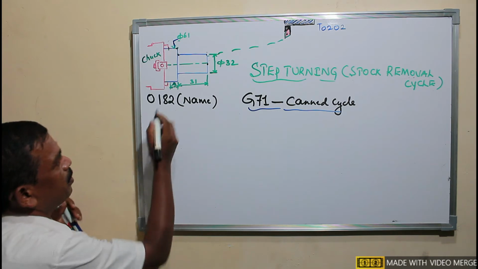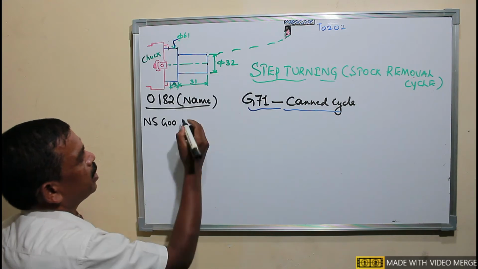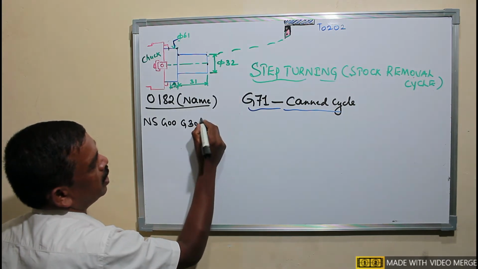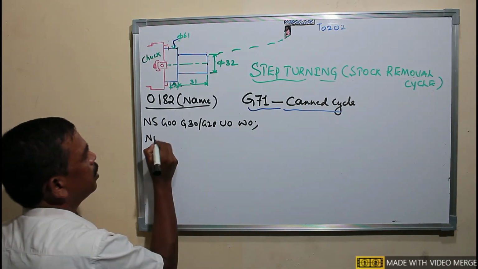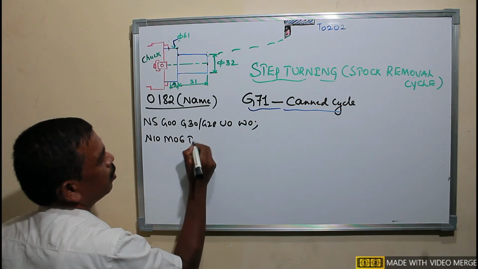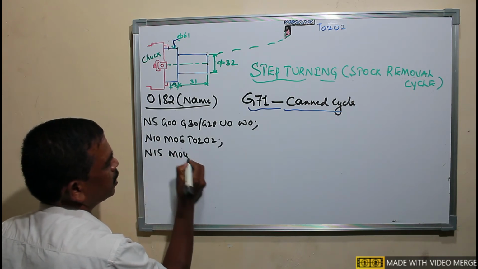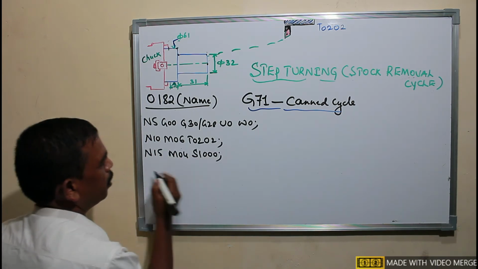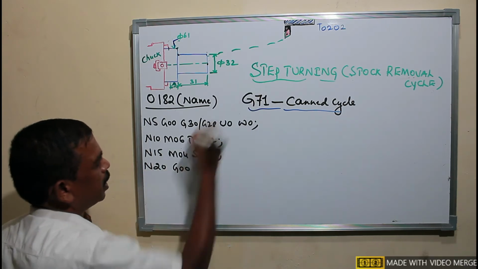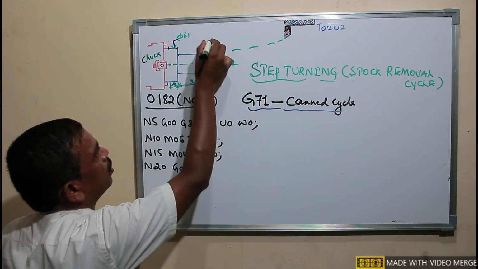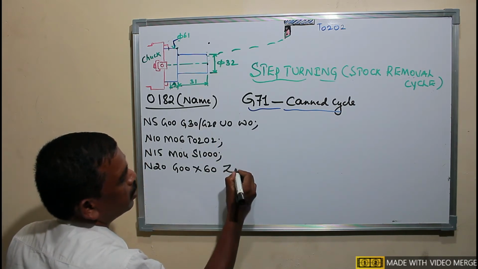So the name of the program is this one. This is for sending the tool to its home position, this may be G30 or G28, U0, W0, end of block. Then I will change the tool number 2, offset number 2, and then I will rotate the workpiece at 1000 RPM, and then I will position the cutting tool up to here, that is 60 and Z0.